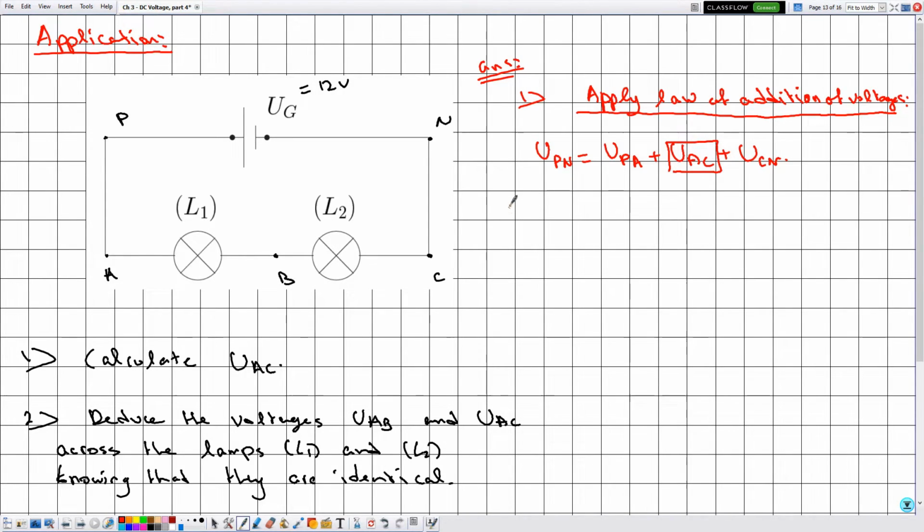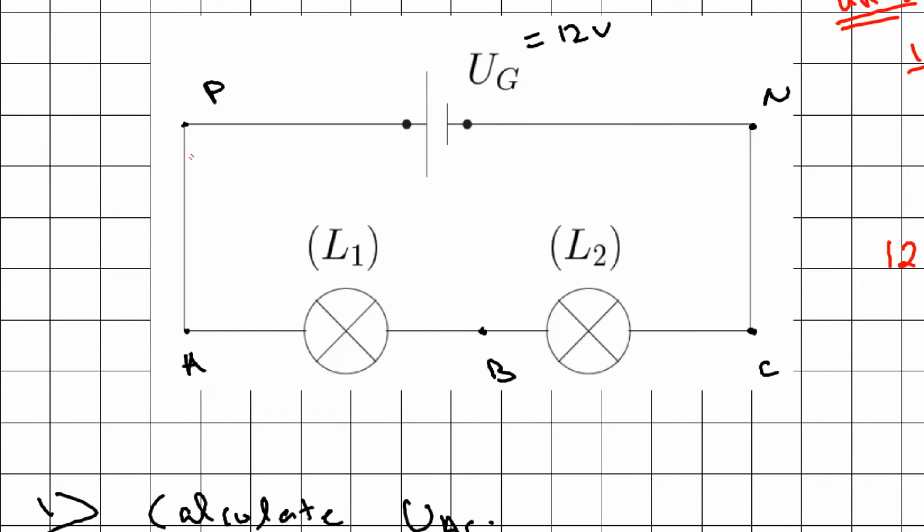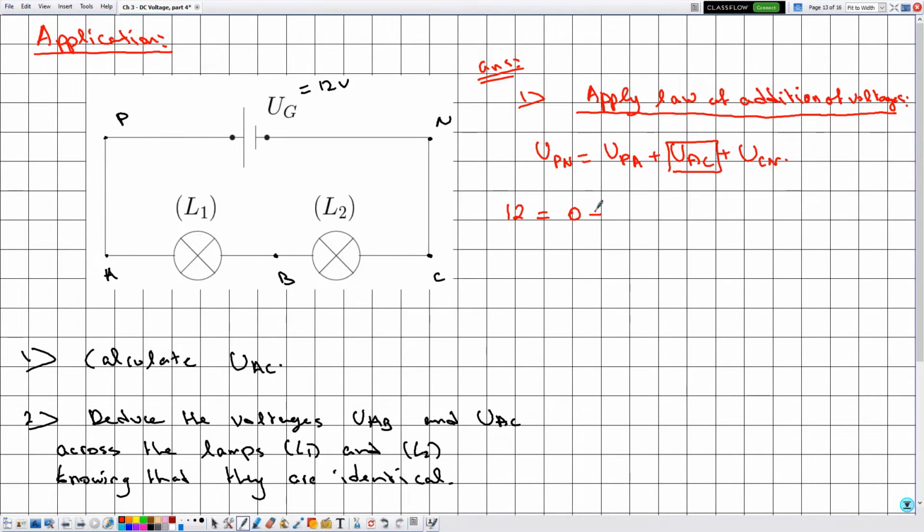Now the value of UPN is equal to 12, this is given. UPA: across the terminals of P and A we have a connecting wire. We didn't justify this previously, so let me write here between the brackets that UPA is equal to 0, and the reason is given by a connecting wire. As the voltage UAC, we will keep it as an unknown because we are interested in determining UAC.